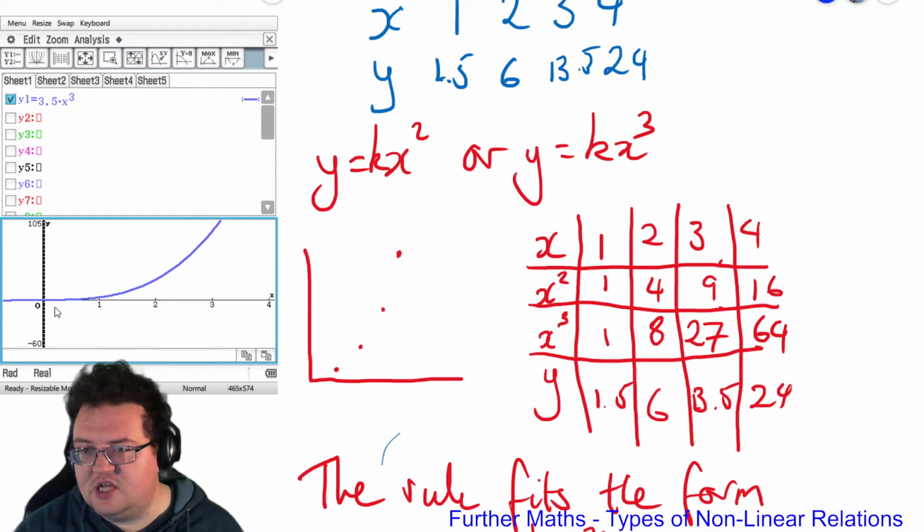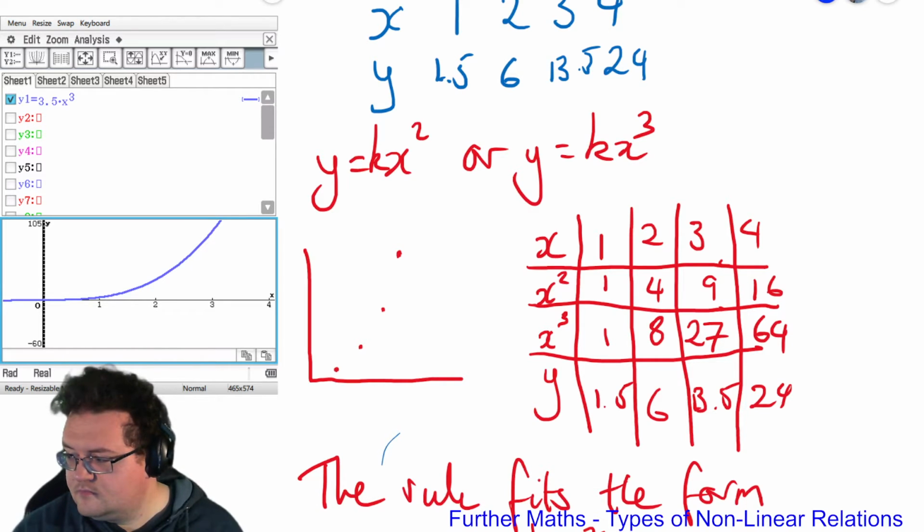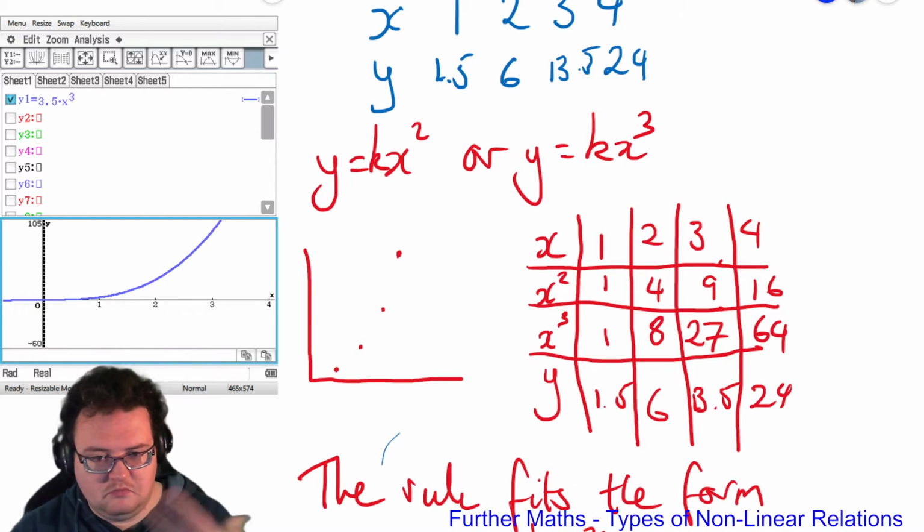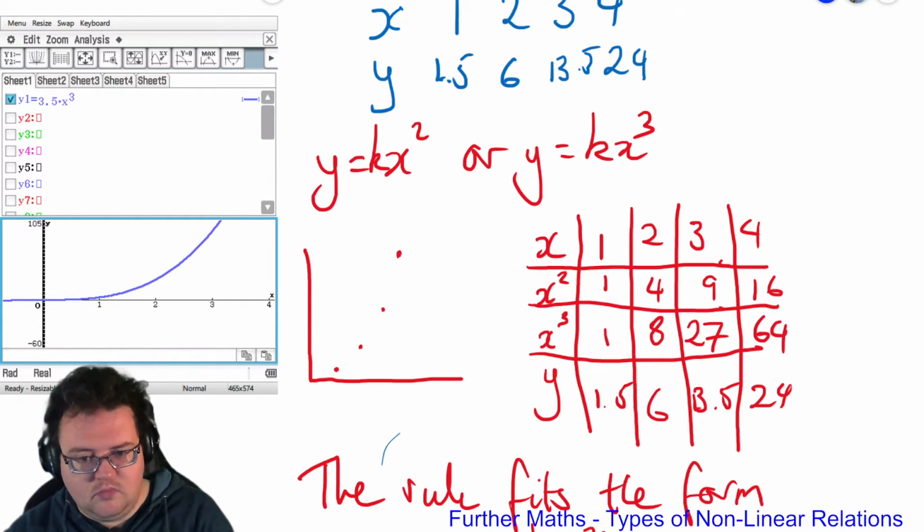And you can see it's got the same shape as the one from the statistics section. All right, so we'll do one more of those just because it's different. It's a different sort of equation.